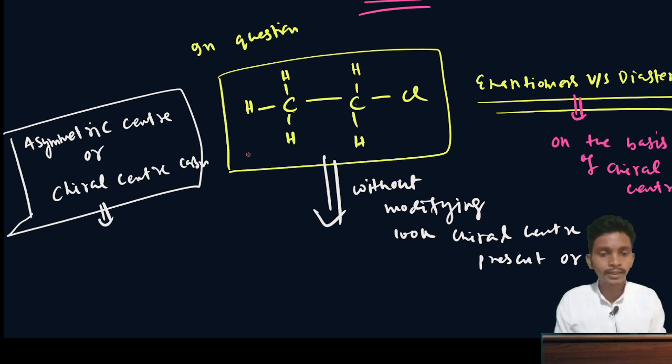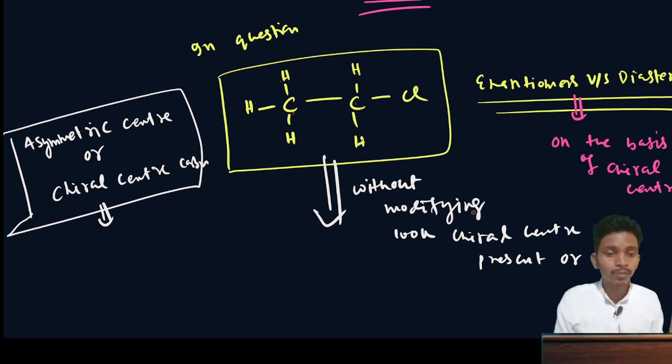So if we look here, all three atoms are the same, so this can never be a chiral center, and here also the same atoms are there, so this will also never be a chiral center. So one thing we get is that if there are no chiral centers without any modification, then this can never be a diastereomer. For diastereomers, a chiral center should be present.